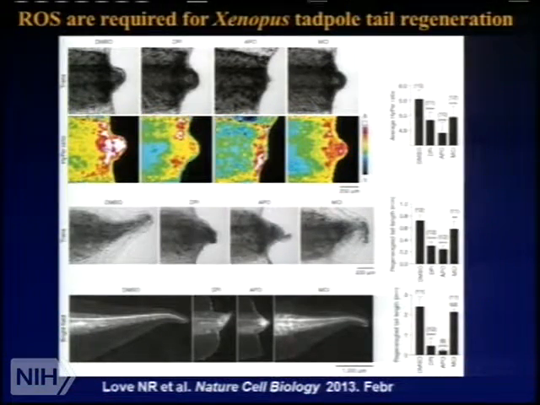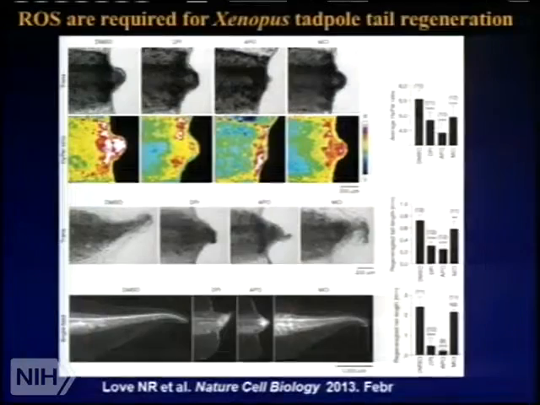If they inhibited NADPH oxidase, the regeneration would not occur anymore, so it was irreversible. They would not regrow. But if they washed out this global antioxidant or reactive oxygen species scavenger, the process could be reversed, and to a certain extent, the tail almost completely regrew.